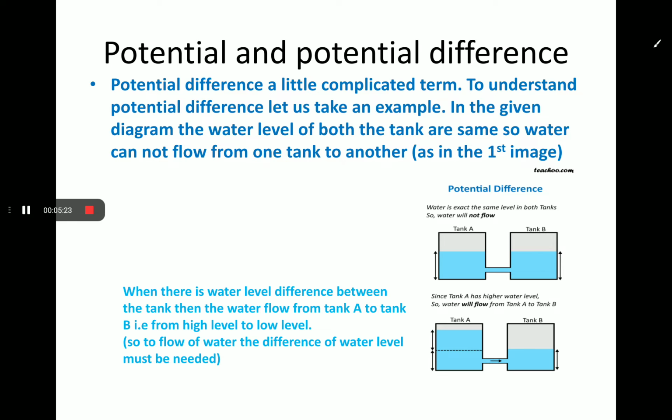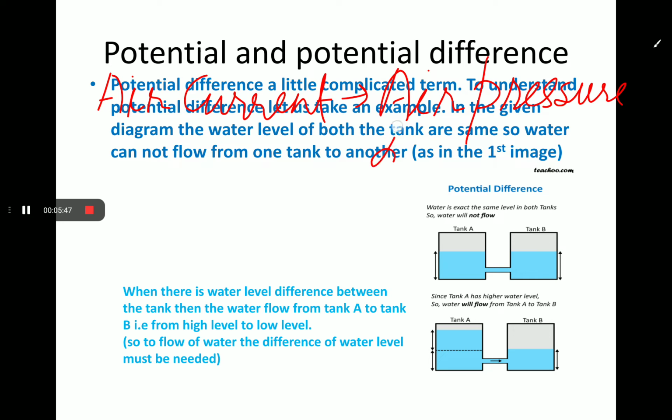If we take the analogy of air current, or the flow of air, and I ask you why air flows, you simply answer that it is due to the air pressure difference. This shows that air flows from high pressure to low pressure.